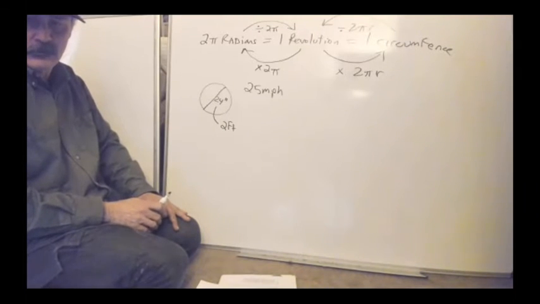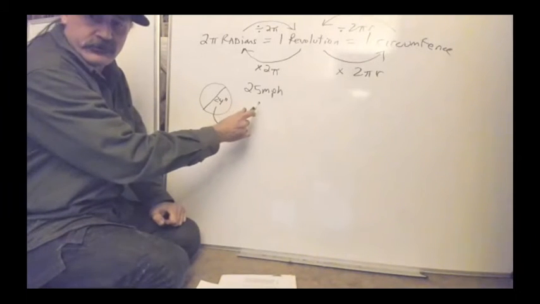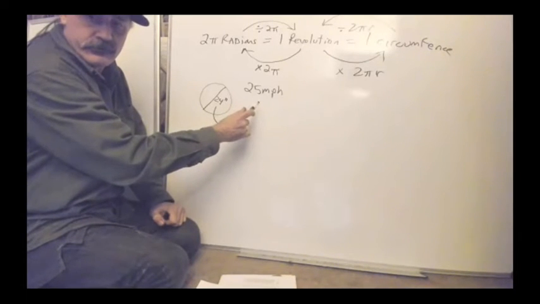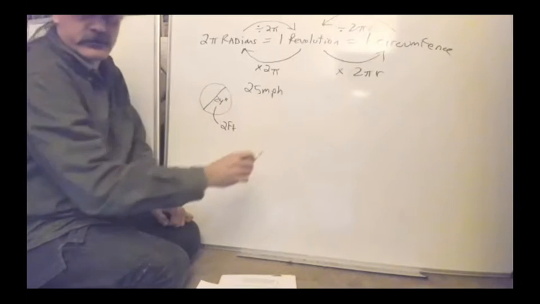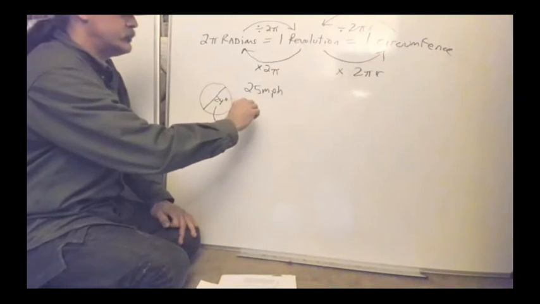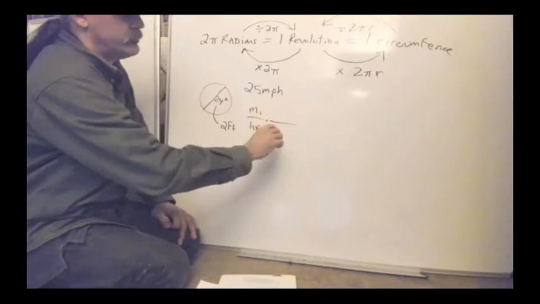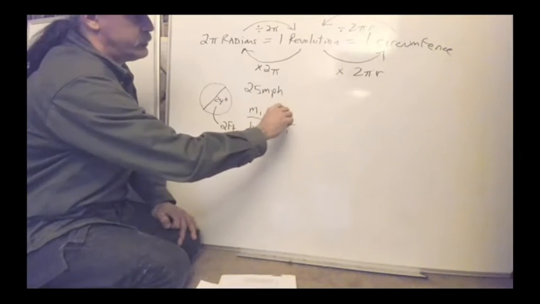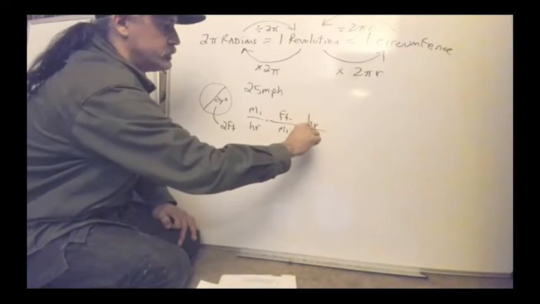Okay, so finding revolutions per minute, we got to convert this to units of feet and time units of minutes. So I'm going to go ahead and set up the cross canceling. We have miles per hour given to us. I'm going to convert the miles to feet, cross cancel the miles, and convert the hours to minutes.